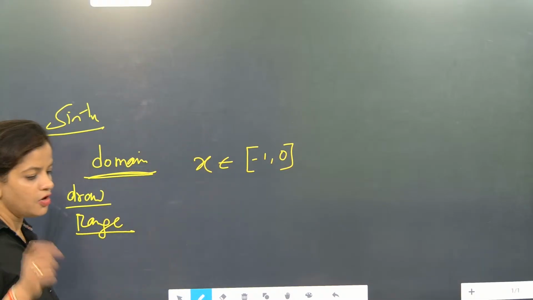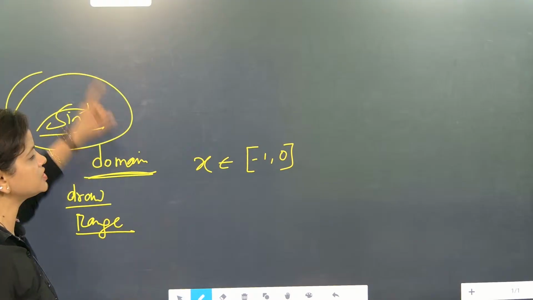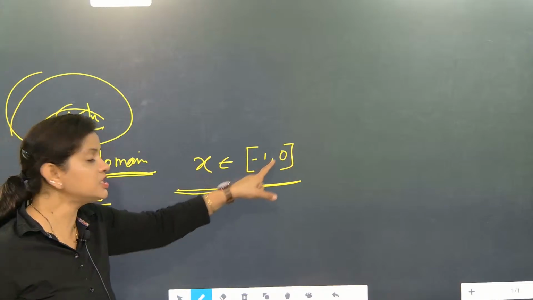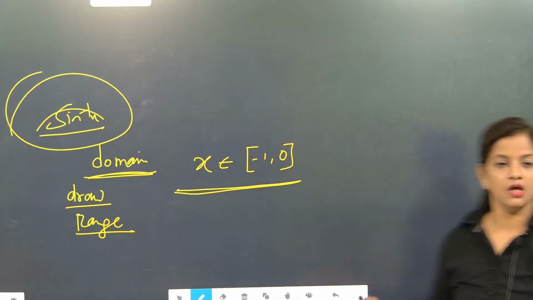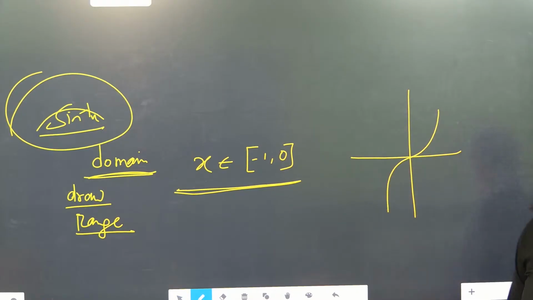Listen children, first you draw for sine inverse. They told you to draw the sine inverse graph for this one. Domain is what? -1 to 0. Got it? So first roughly draw the sine inverse graph. This is the sine inverse graph.